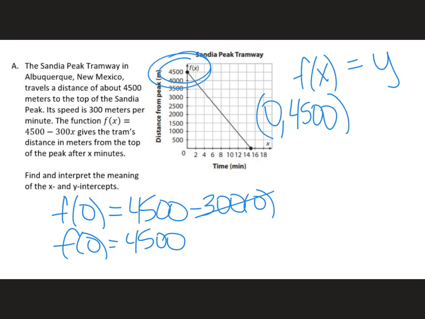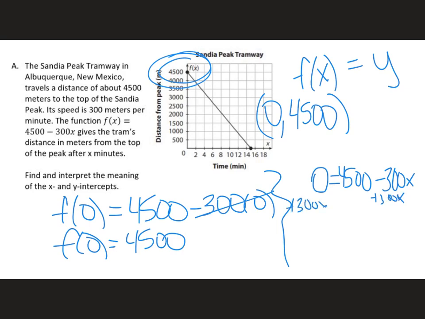As you're trying to figure out the x-intercept, you would need to replace f(x) with 0. So the whole f(x) becomes 0, which means now our equation is 0 = 4,500 - 300x. If you add 300x so that it's on the opposite side of the constant, you'd have 300x = 4,500.